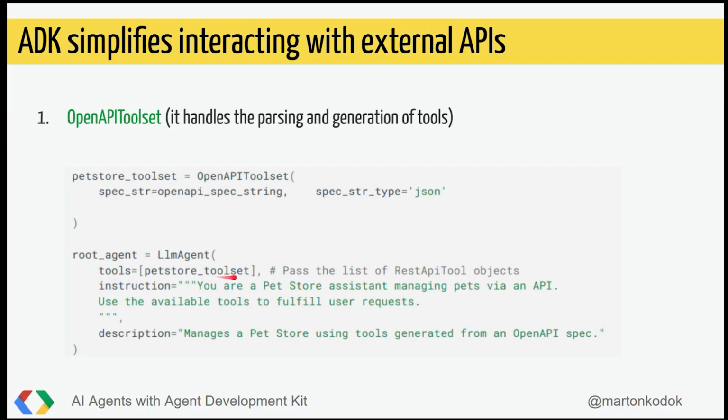You set up the specification of the service itself, you authorize it, and it automatically figures out all the actions and capabilities of that API, and it's available as an agent itself. This is very, very interesting, and you should be aware that it's only a couple of lines to hook up a REST service into the ADK framework.